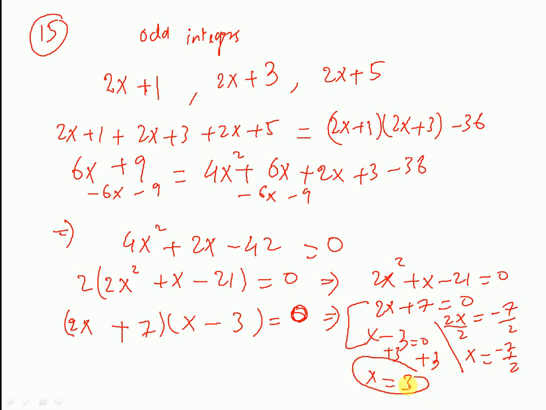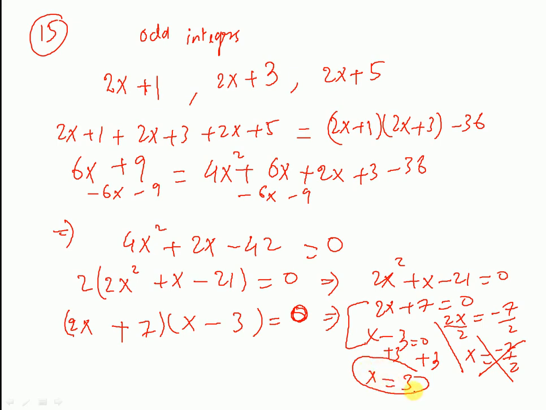We have two different answers, but because we are looking for odd integers, minus 7 halves is a decimal, so this is not correct. We take x to be 3.